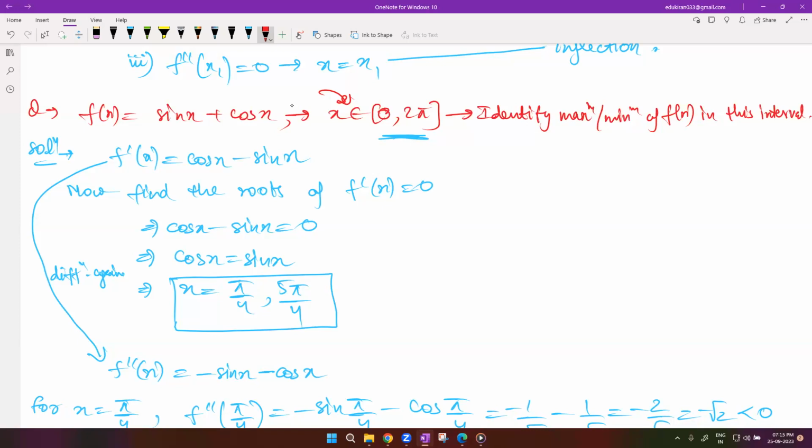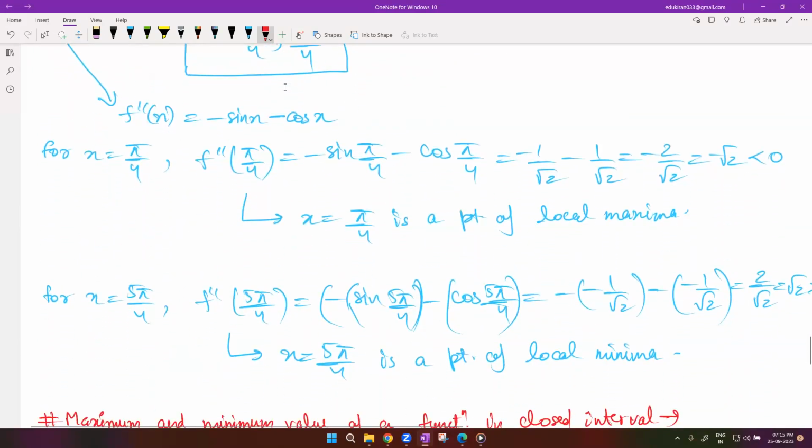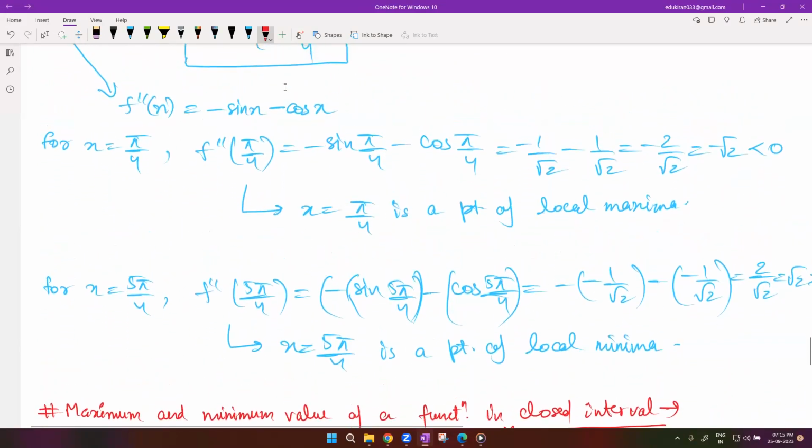Let's say the question was: identify the maximum and minimum values of f(x) in the interval 0 to 2 pi. First, I would again find out all these points. There are 2 points, pi by 4 and 5 pi by 4. I will tell them that this is the point of local maxima and this is the point of local minima.